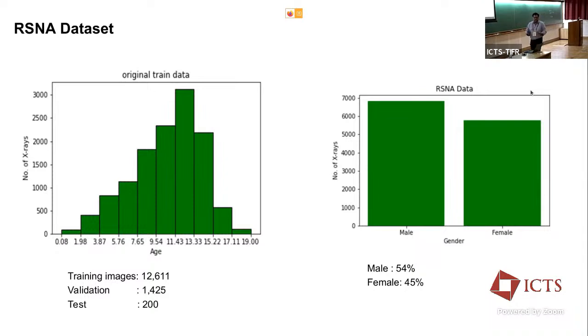That's the way we do it. There are other ways to do it in which you are sex agnostic: one of the first steps is to find out the age, find out the sex, let your model predict the sex, and then use an appropriate model. Either way is fine, but we are going to assume that the sex is known, so we're going to build models in that way.